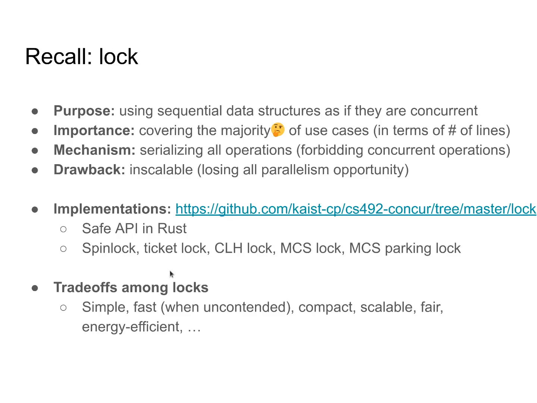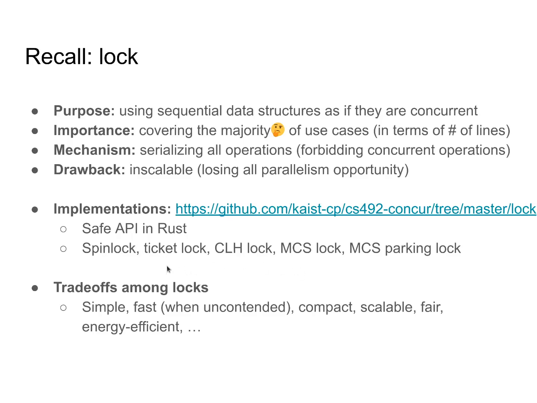There are many kinds of locks, and these locks also have trade-offs. One wants to have a simple, fast, compact, scalable, fair, energy efficient lock, and all the good properties for a single lock. But unfortunately, multiple locks have different characteristics and they have fundamental trade-offs between them.